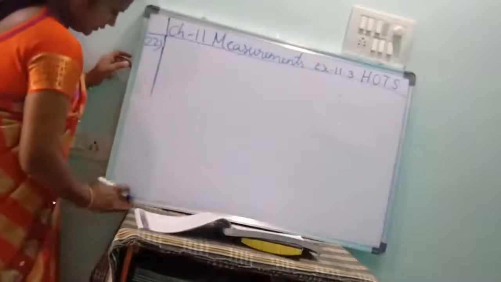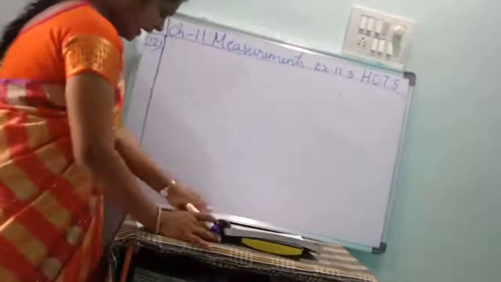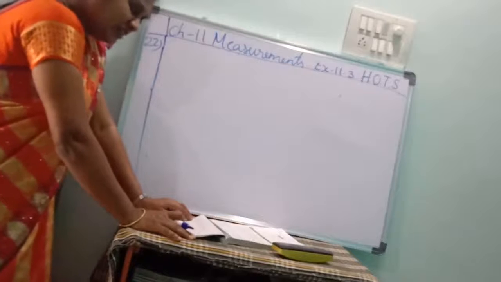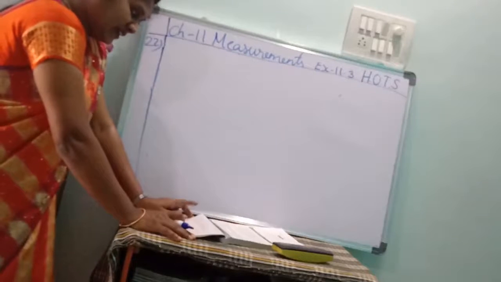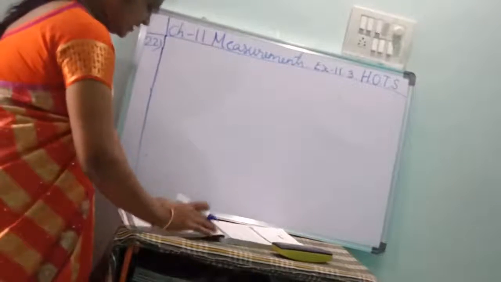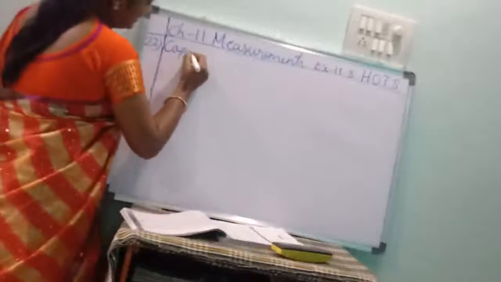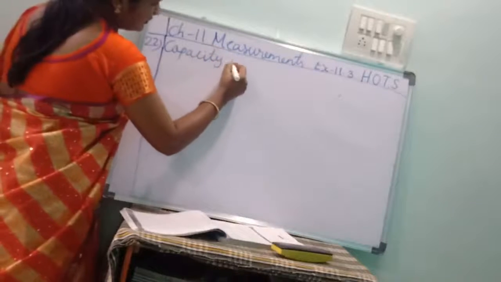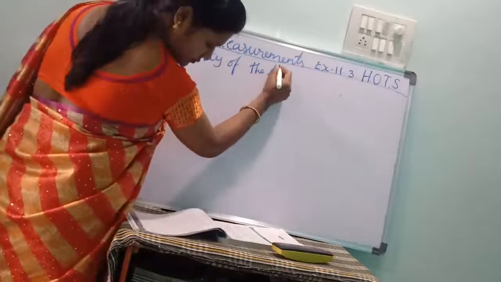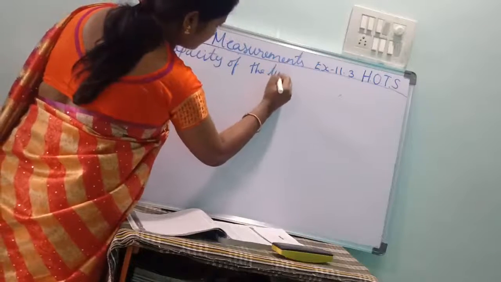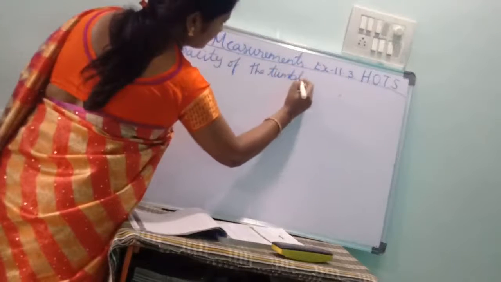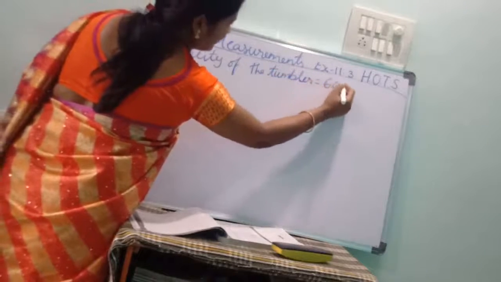See, listen children. Now capacity of the tumbler equals 600 ml.